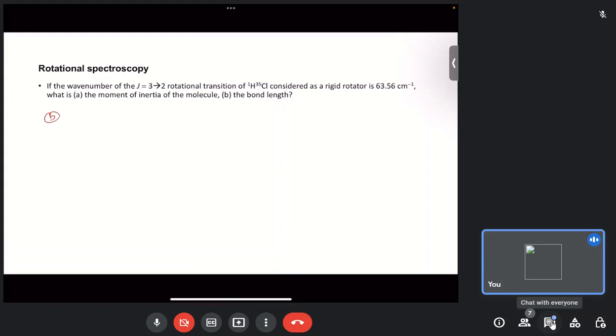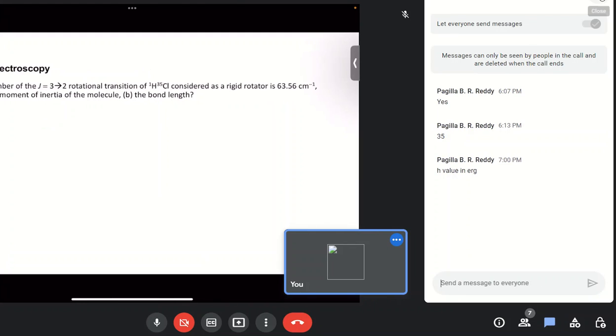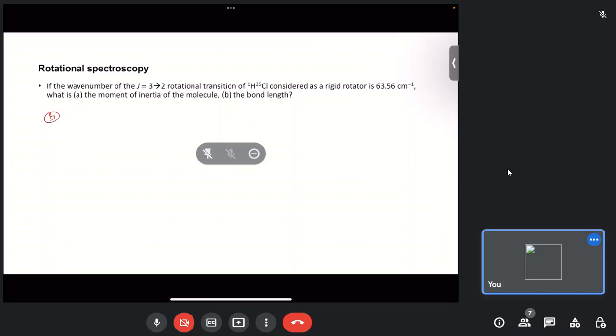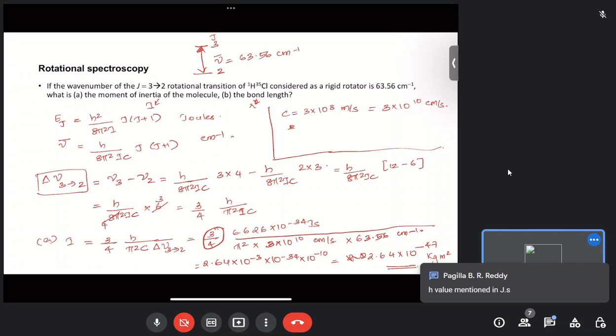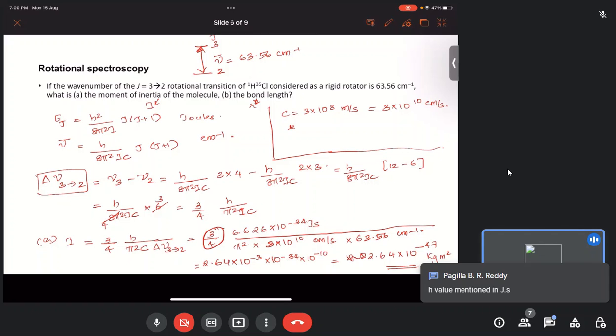H value in erg. If you want to find what exact units are coming out to be, yes, the H value is mentioned in joule seconds.